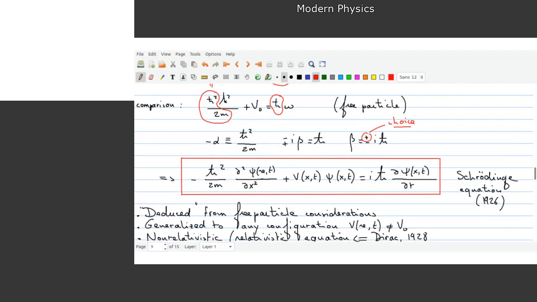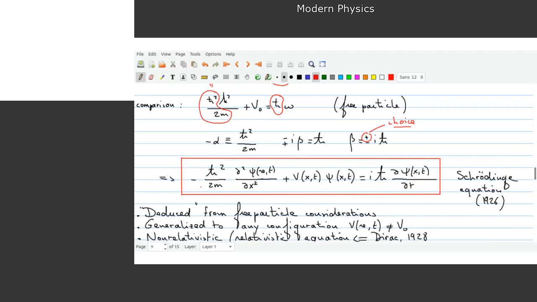Physically it's not important to choose one or the other. The convention is that we choose this plus one. Everybody does that.